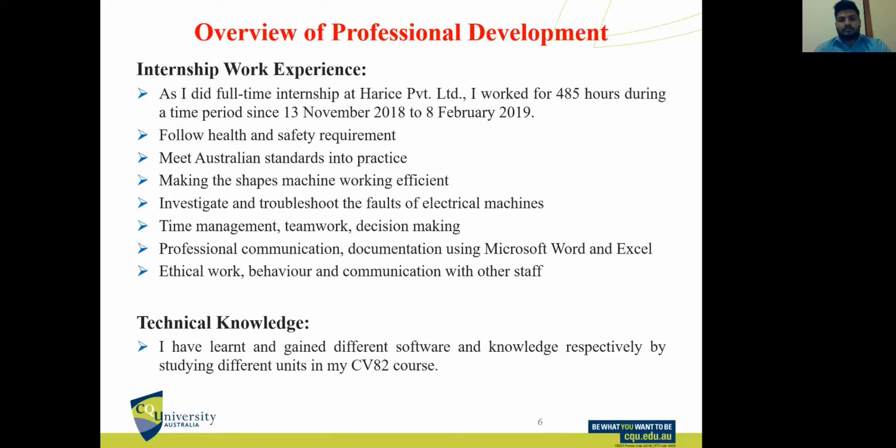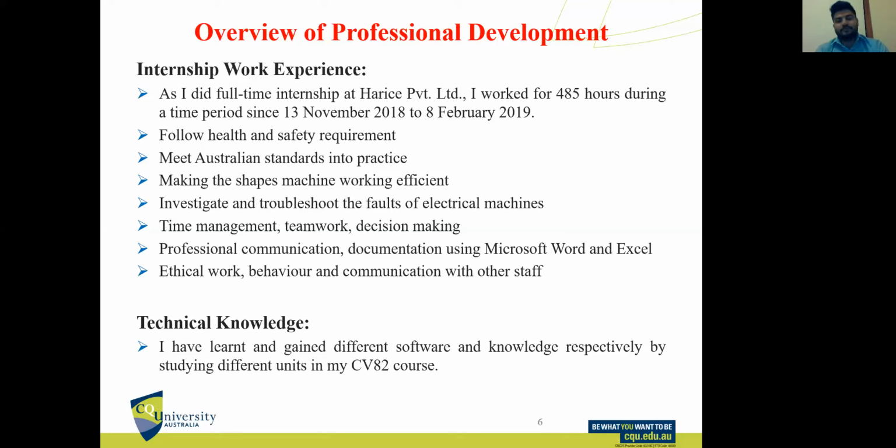I investigated and troubleshot the faults of that shapes machine as well as some of the electrical machines. I did time management. I was working with one of my colleagues who was also an intern mechanical engineer, so I was doing really good teamwork. I was also taking really good decisions so that I could reach the goal.